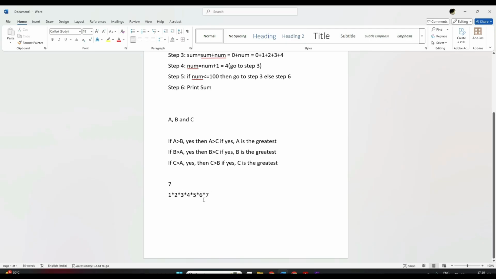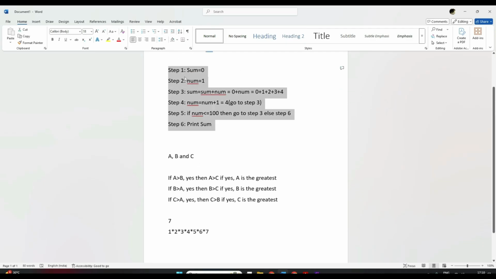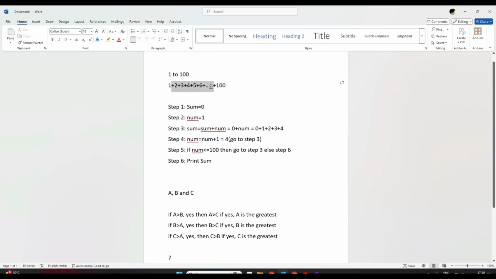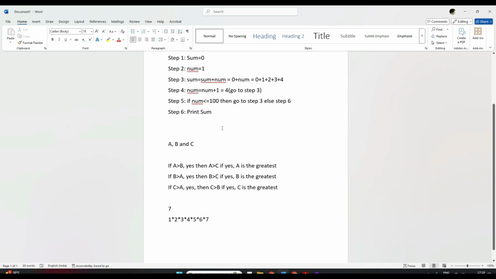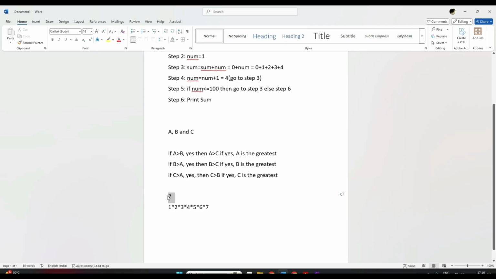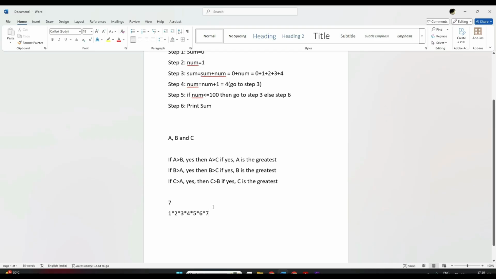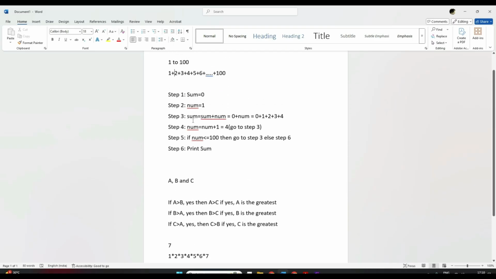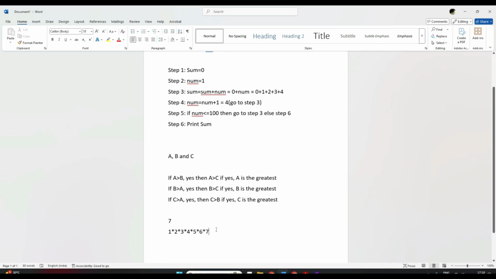See, this program will be much similar to this program. Here we were adding the numbers till 100. 100 was given here fixed, but here we have to input the number from user. Until that number we have to go. The only difference is instead of summation, we have to do multiplication. So see, it will be the same as we have here. Now, instead of sum 0, we cannot take 0, right?